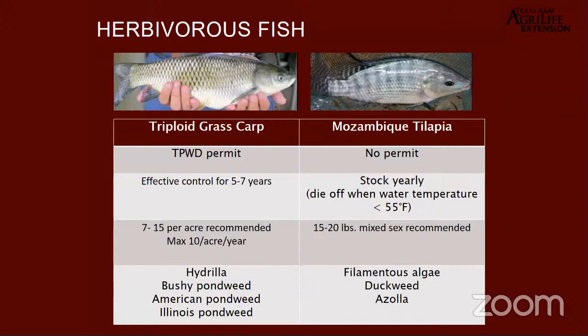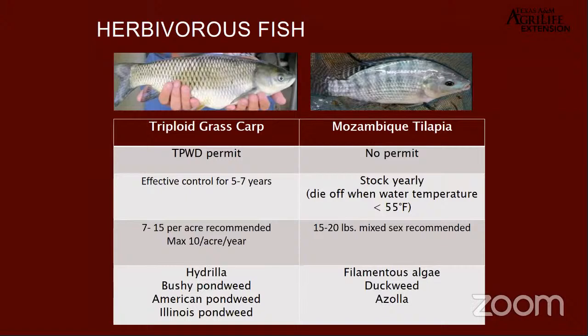Also, with that being said, they're not going to just control the non-native invasive plants like your hydrilla. They're also going to control some of those native beneficial plants that you might be managing for your wildlife, like your bushy pondweed, American pondweed, Illinois pondweed. And so again, you need to evaluate what your overall goals are before you stock these triploid grass carp.